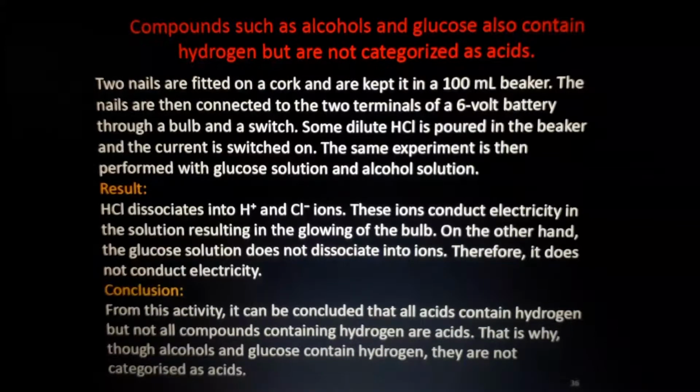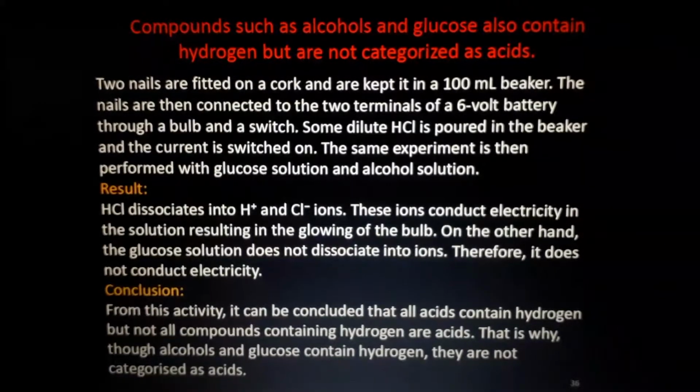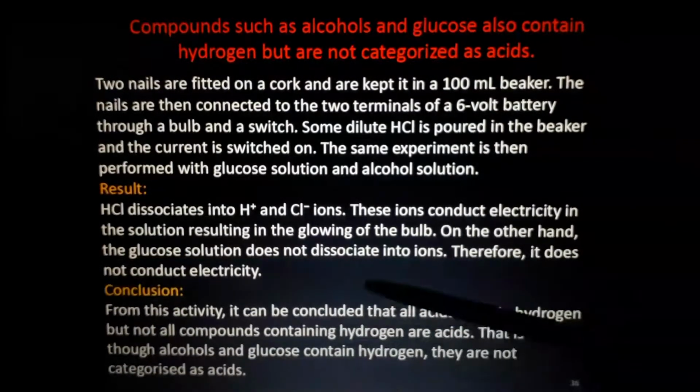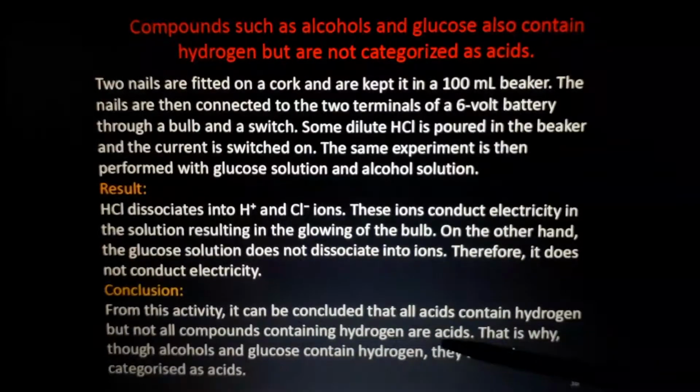Conclusion from this activity: it can be concluded that all acids contain hydrogen, but all compounds that contain hydrogen are not acids. Very important point. Understand? What is the conclusion of that experiment? This is the main point of that answer.